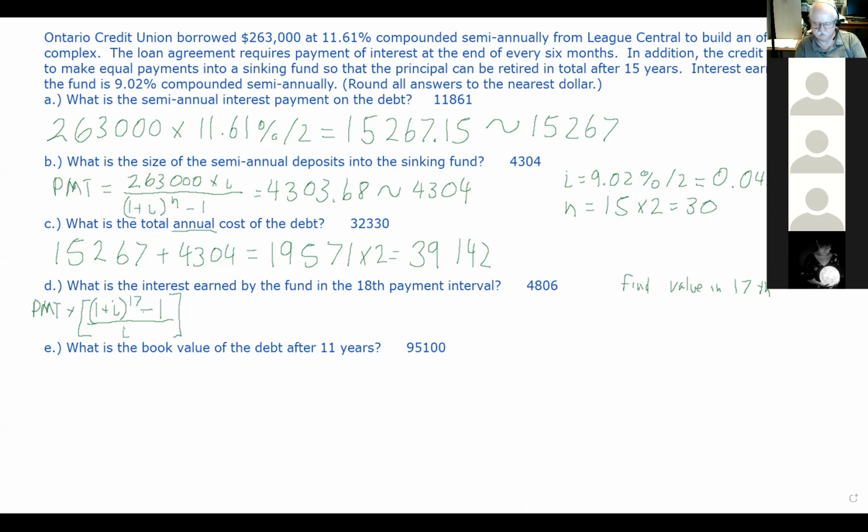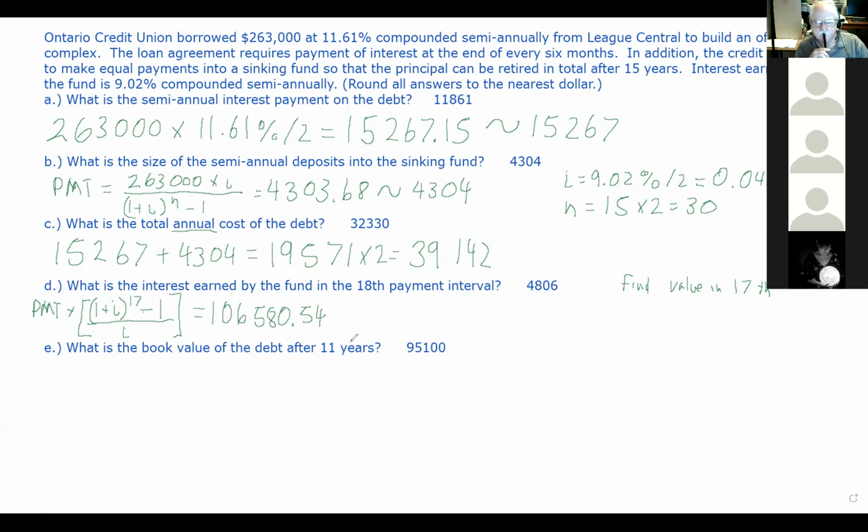1 plus recall 1, y to the x 17 minus 1 divided by recall 1 times 4304. And I get an answer of 106,580.54.